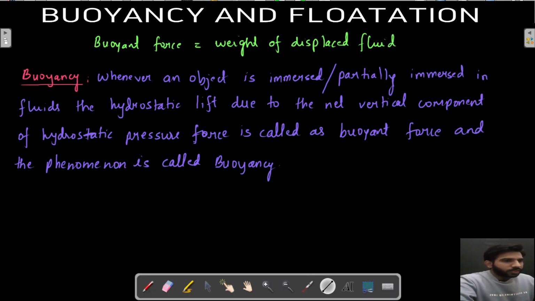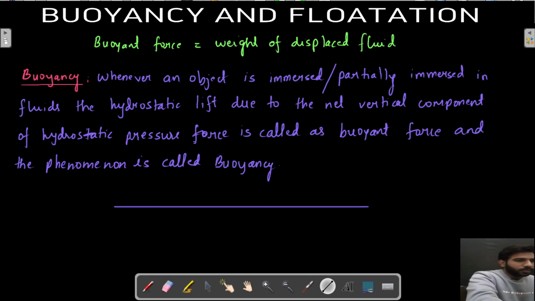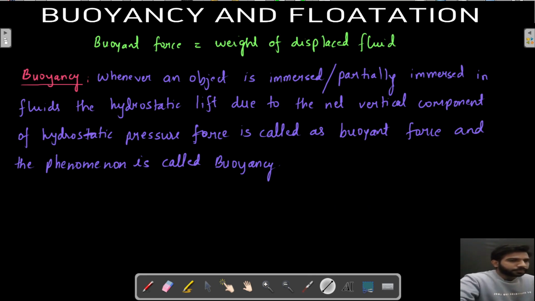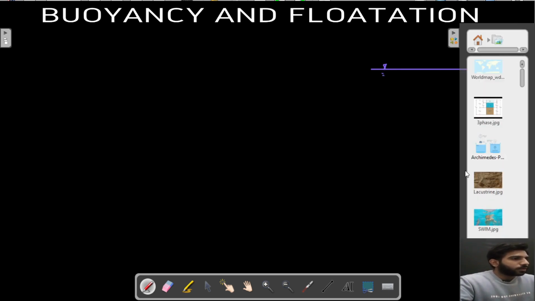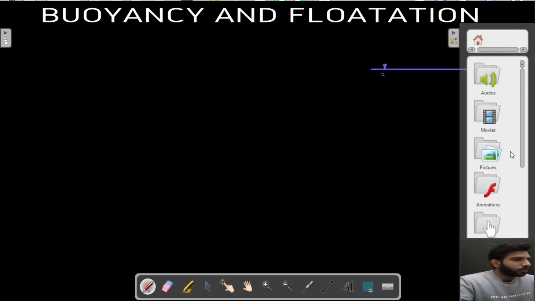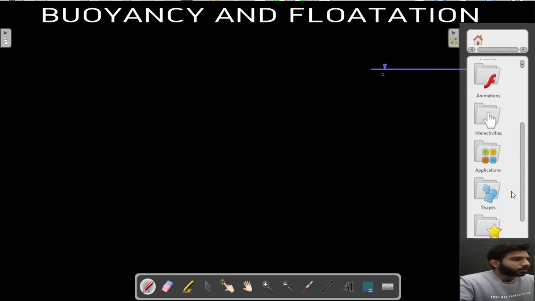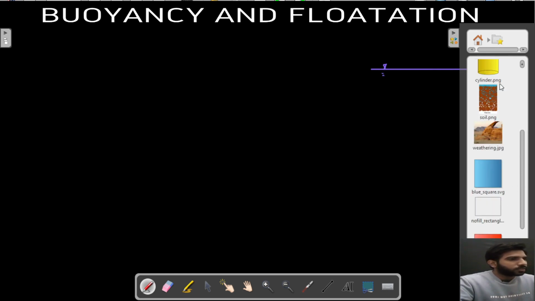So this is your surface of water. Let's do it on the next page. This is your surface of water, and let us immerse an object into it now. Let us take this cylinder.